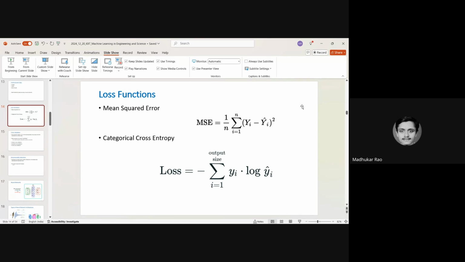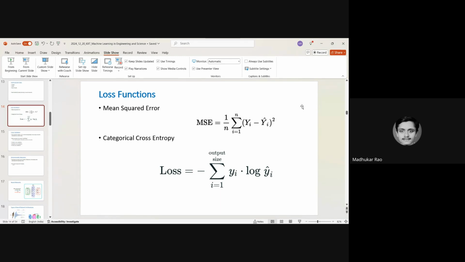Most of you are already familiar with it from fitting straight lines to data. The second one you may not be that familiar with. It's the cross entropy loss. It's used for classification problems. In classification problems, suppose you have only two values, either true or false. That is yi, and your prediction is y hat. So you take the natural log of y hat, or any log.